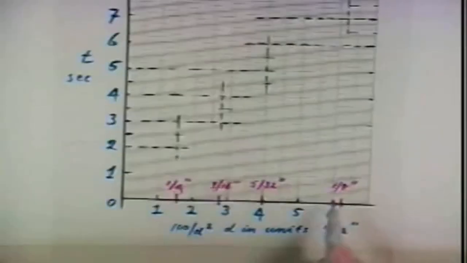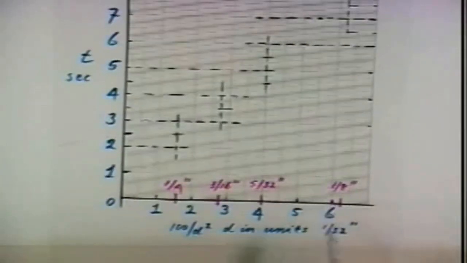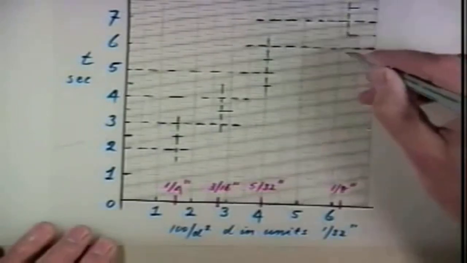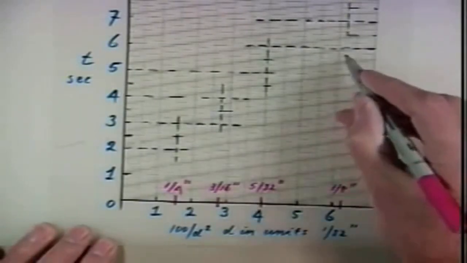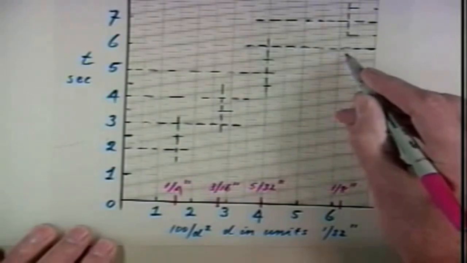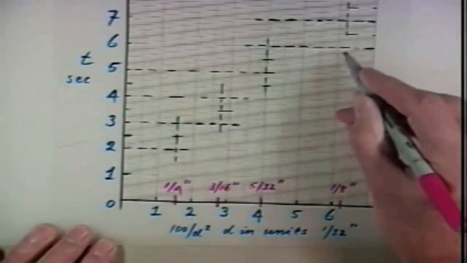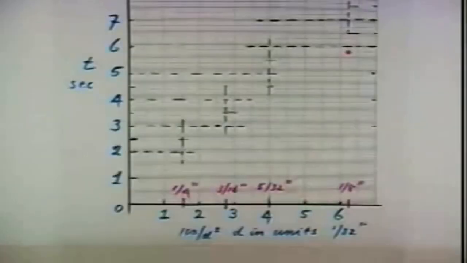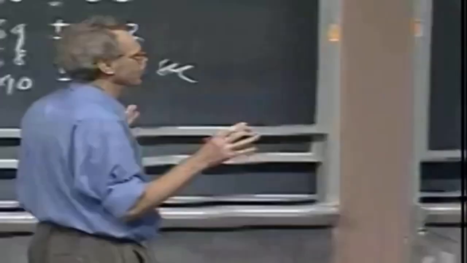So we are here on this line, at 5.8, somewhere here. That's it. Notice the point is lower than where I expected it. And the reason is the temperature went up. And if the temperature went up, then the viscosity goes down and they go faster. But that's okay. That doesn't worry me.